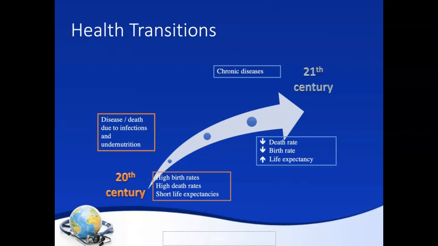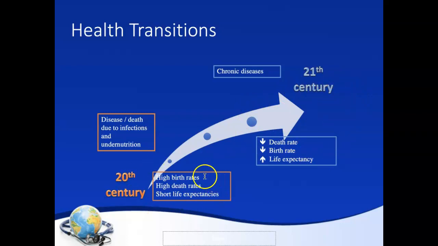You've gone from high birth rates, high death rates and short life expectancies to the 21st century with a decrease in death rate, a decrease in birth rate, and an increase in life expectancy. And this has happened in our high-income countries.